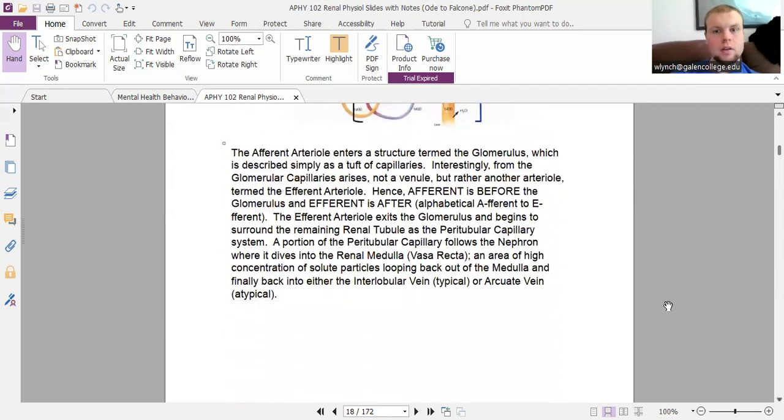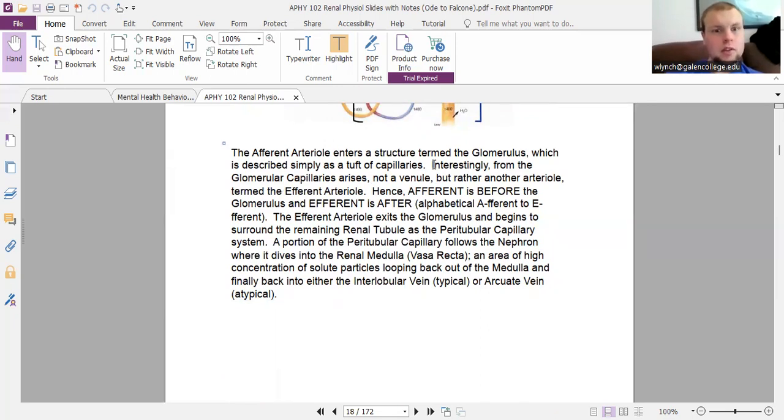All right, so that flow is going to go into the glomerulus. The glomerular capillaries are capillaries themselves, okay? So they do not turn into venules there. They exit through the efferent arteriole, not into a venule. So here's why we have afferent before efferent, okay?